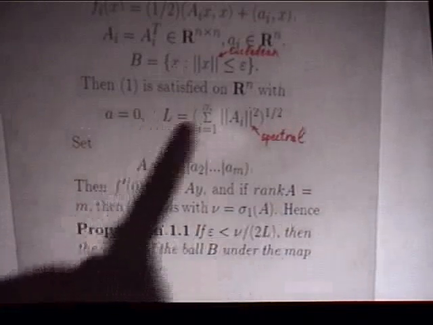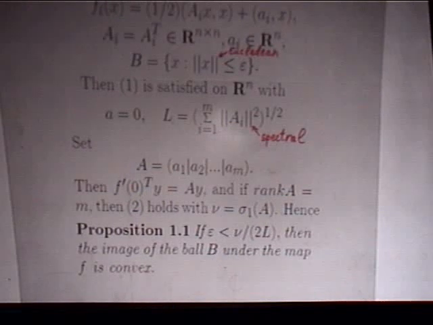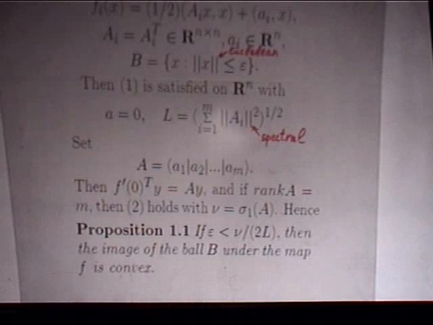It is given by this inequality, where L is this quantity and nu is the smallest singular value of the matrix whose columns are the linear parts of this map. So if epsilon is less than this constant, then the image of the ball under this quadratic map is convex.